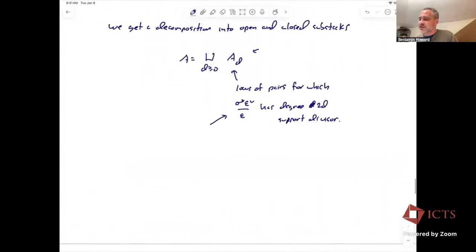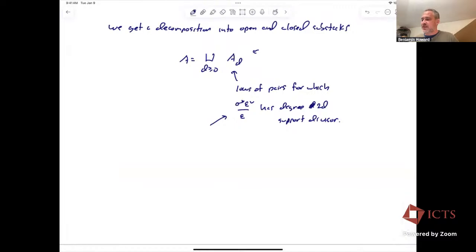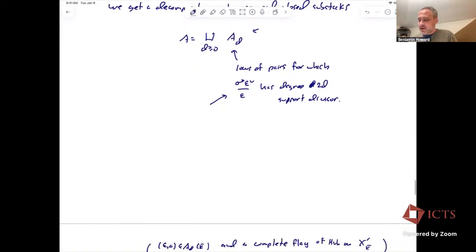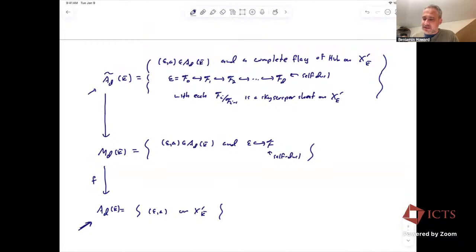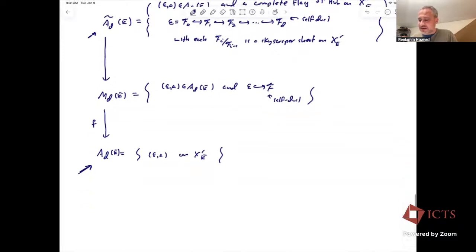But at the other extreme, you can imagine that this co-kernel is extremely spread out. It's 2D distinct points and just a tiny one-dimensional skyscraper sheaf at each point. And in that case, the fibers are much easier to understand.